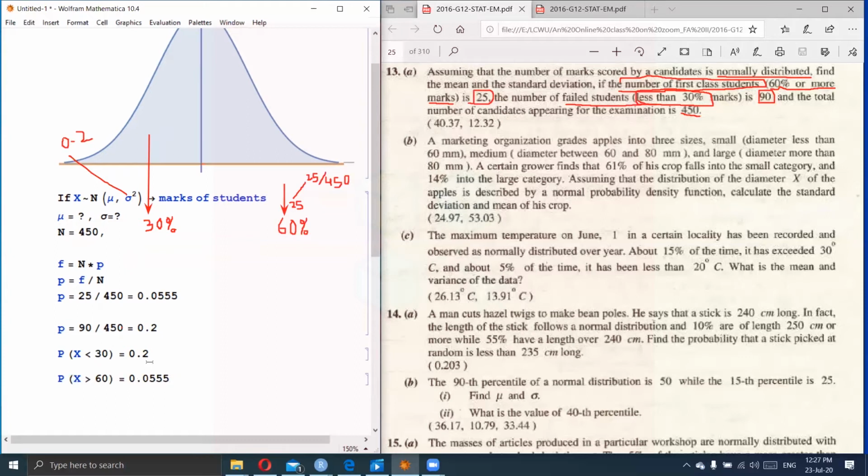So using these two equations, you can find the values of mu and sigma, and the answer is mentioned here, 12.32 and 40.37.